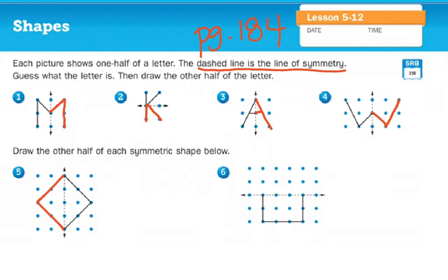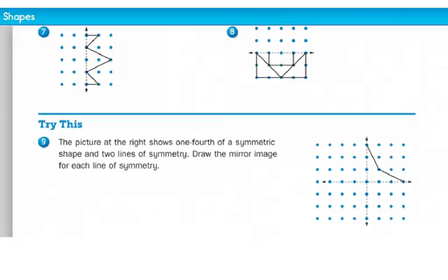How about number 6? Count how many dots it goes up and how many it goes across. We're going to continue on page 184. I'm just going to move mine down. Number 7. Be careful with this one.